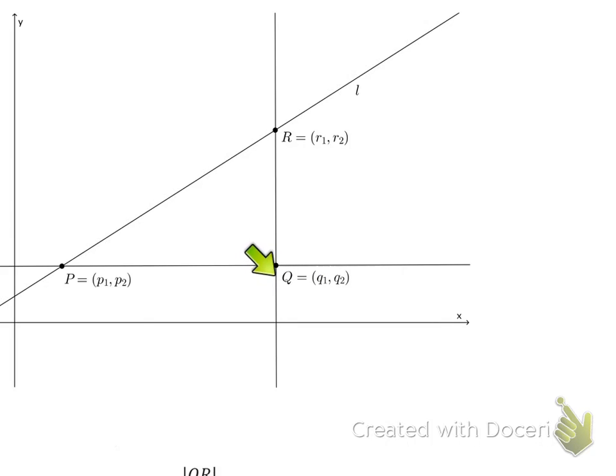Okay, so remember, our slope was a ratio: the ratio of the length of QR, the vertical height of our slope triangle, over the distance PQ, which is the horizontal base of our triangle.